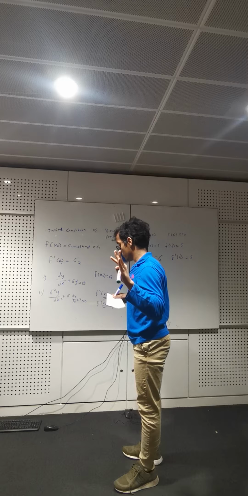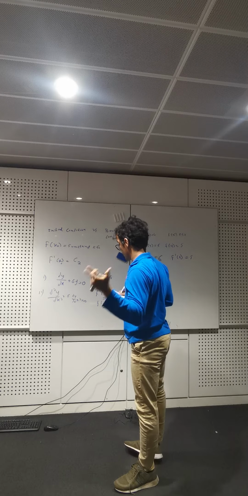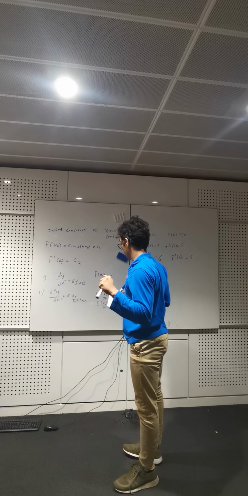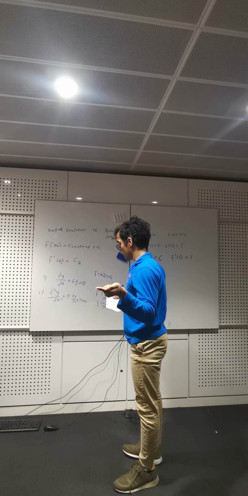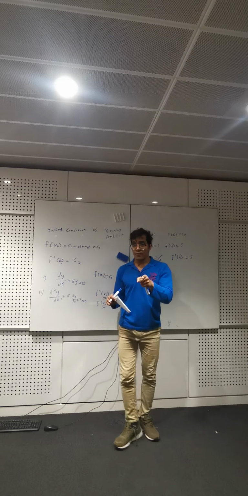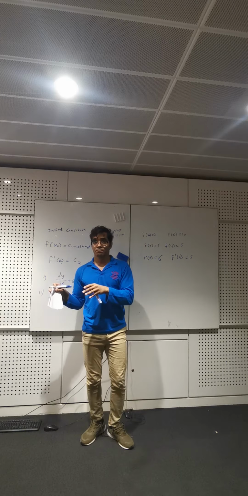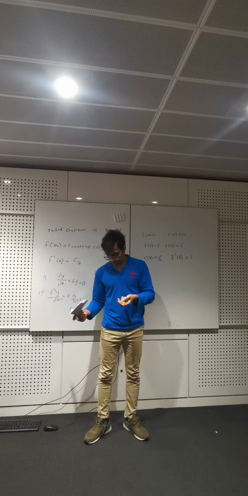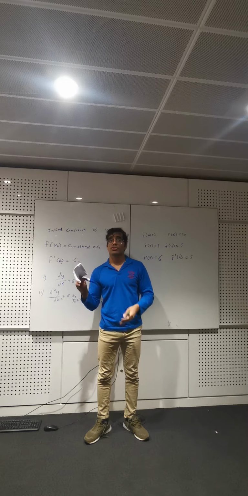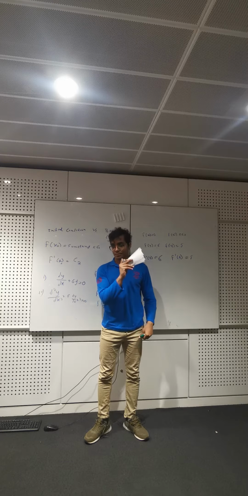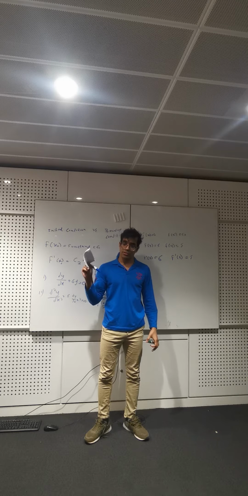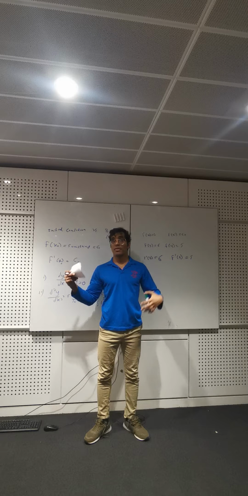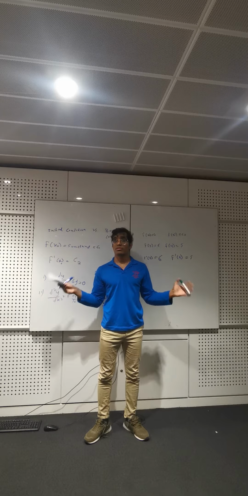So there are four of them with a fifth degree. Oh, actually, there are five of them for a fifth order, because you include the zeroth derivative. So the number of initial conditions will be equal to the order of the differential equation.